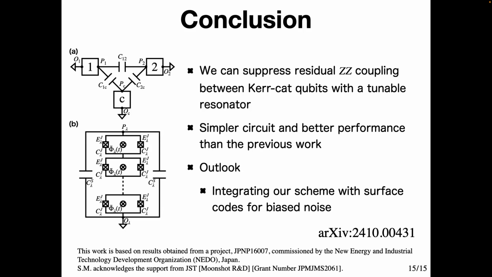And this circuit is simpler and has better performance than the previous work. And as future work, integrating our scheme with surface codes for biased noise may be interesting. Thank you for listening.